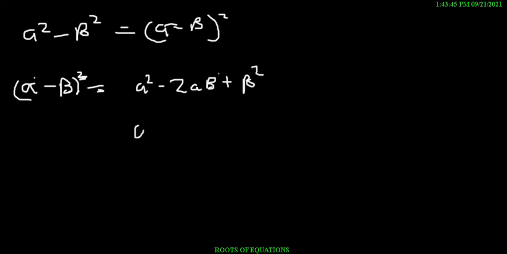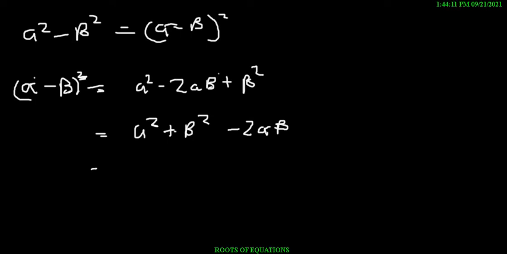So we have alpha squared plus beta squared minus 2 alpha beta. So we cannot make this the subject of a formula like we did before, because this is not exactly the same as alpha squared minus beta squared.